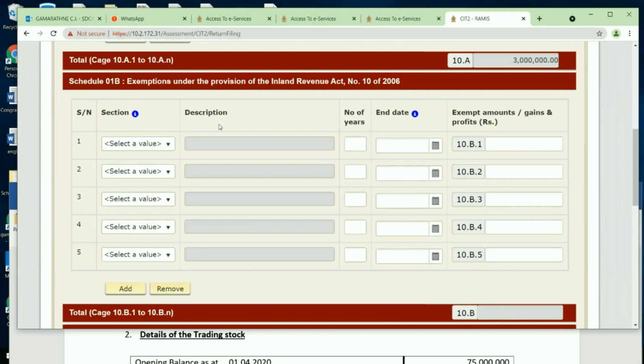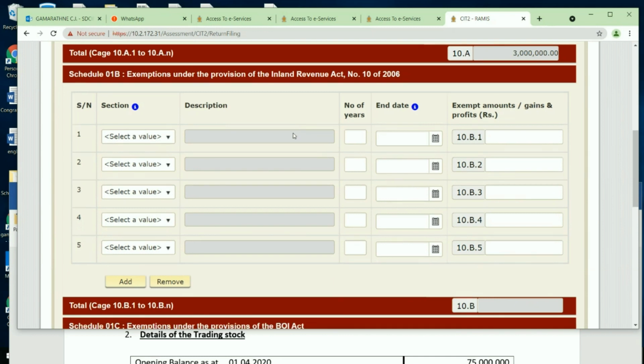Then Schedule 1C is related to the loss exemptions which you still entertain from the BOI Act, right? You have to mention the details for the BOI Act. I think you already entered the details for the returns of 1819 and 1920, right?